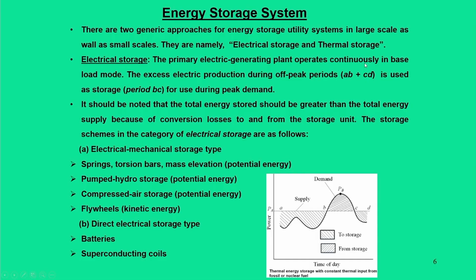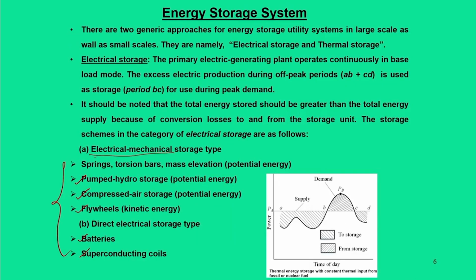So this is what I have explained: we have electrical and mechanical storage types, flywheel energy storage, batteries and superconducting coils. In our subsequent discussions, we will mainly talk about pumped hydro storage, compressed air storage, flywheel storage, then storage in batteries, that is electromechanical storage.